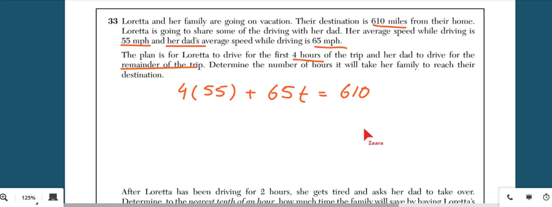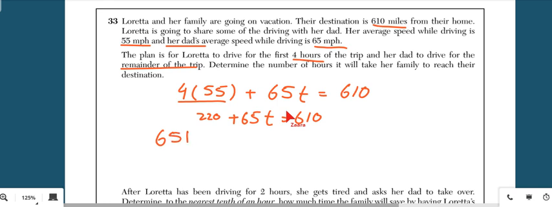Got it? What is 4 times 55? It is 220 plus 65t that is equal to 610. Now I am subtracting 220 from both sides. I will get 65t equals 610 minus 220.